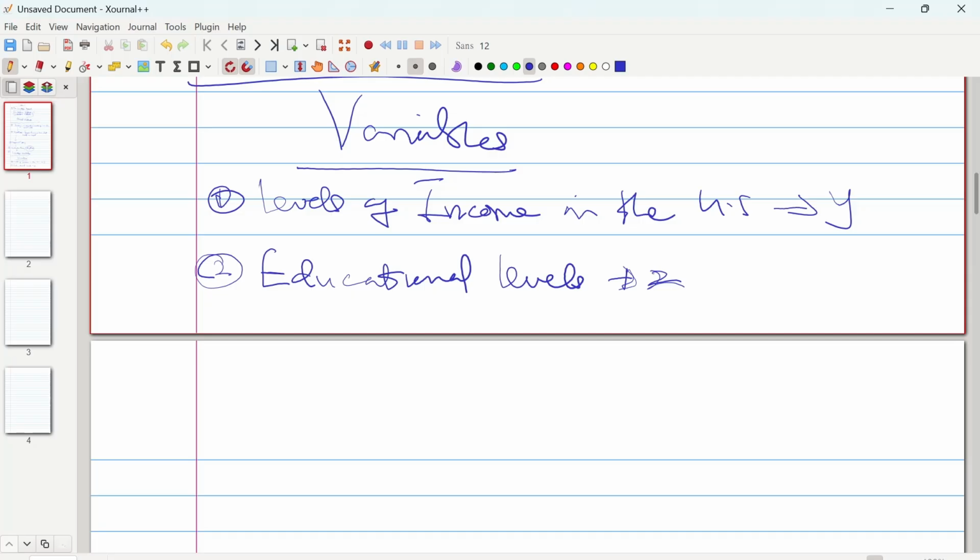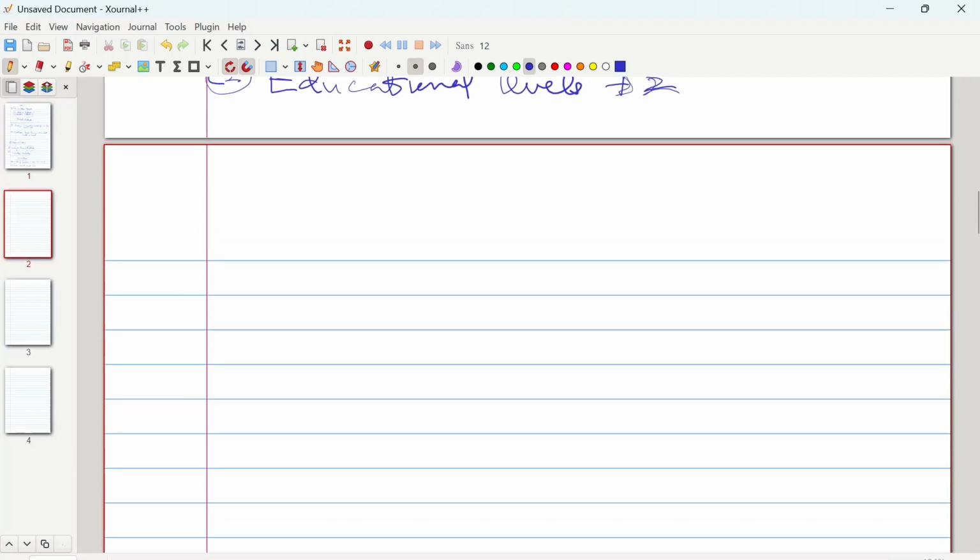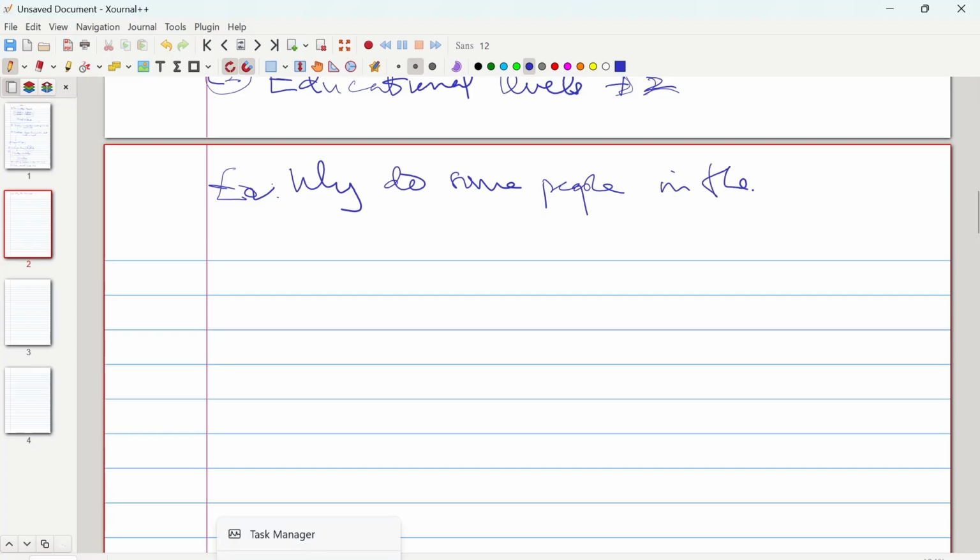Now, how does this actually work? Let's start doing some research here. Let's say I am interested in why some people in the US earn more than others.